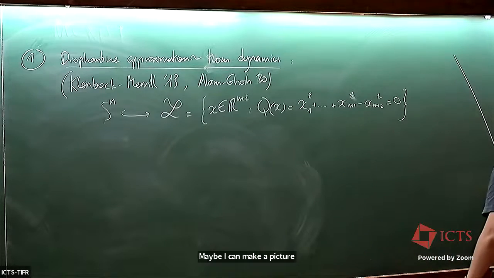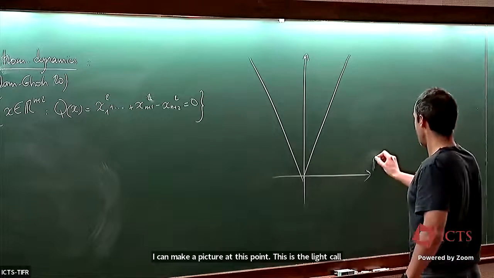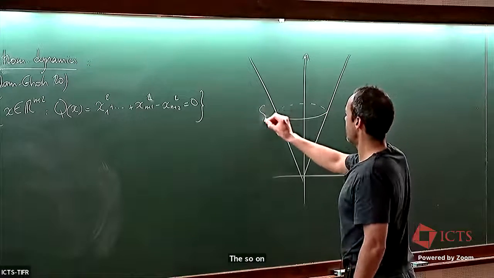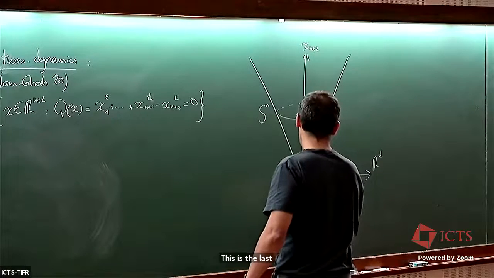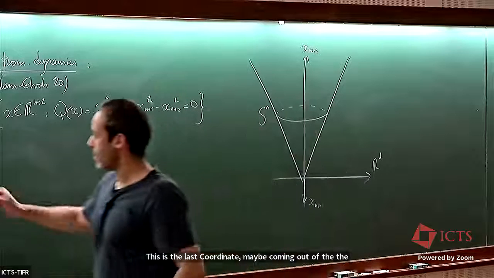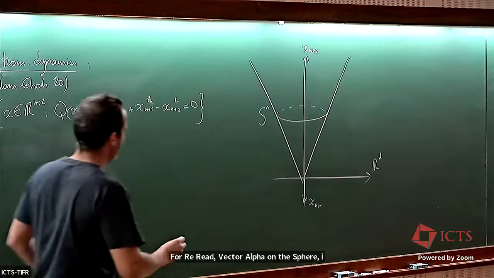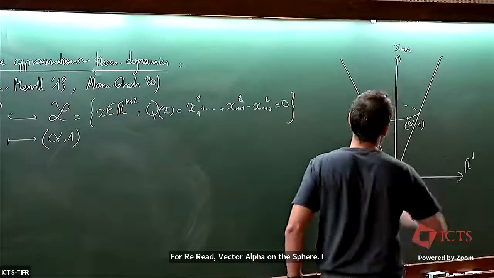This is the light cone. I embed the sphere, and this is the last coordinate x_{n+1}, maybe coming out of the blackboard. The embedding is simply: for a real vector alpha on the sphere, I associate (alpha, 1). So this would be the embedded sphere.